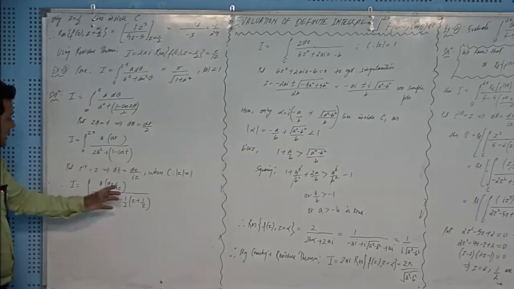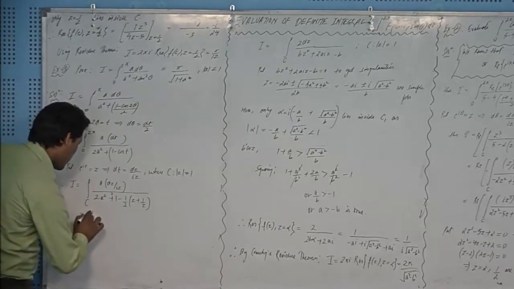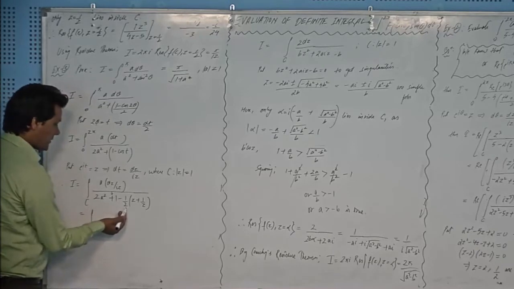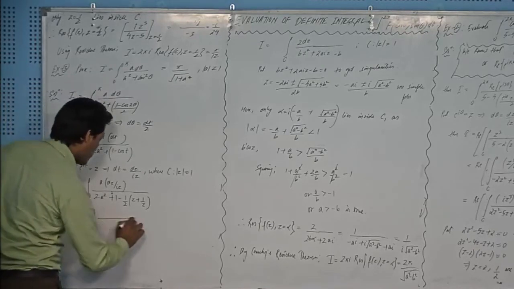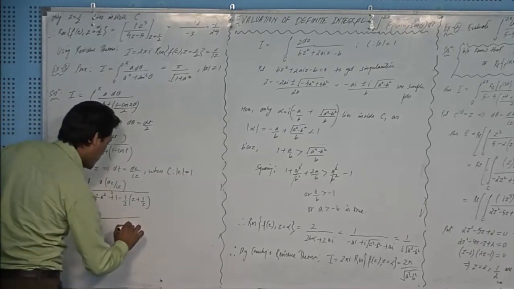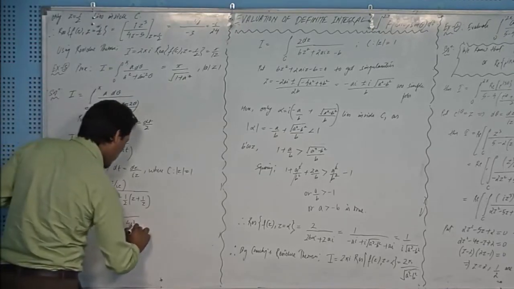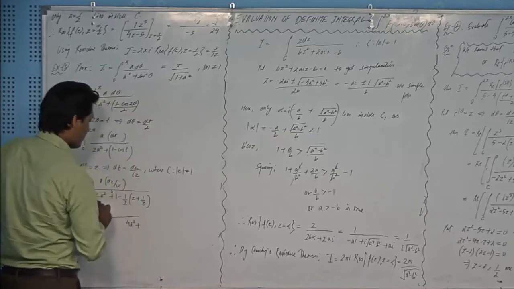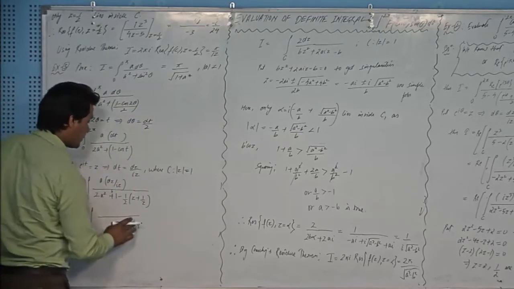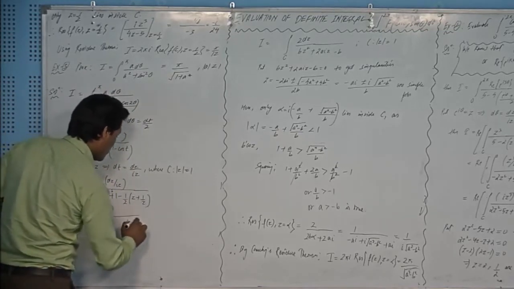Now taking LCM and simplifying it, I think this will become 4a square. First thing is that 4a square z is also there, sorry, 4a square z.